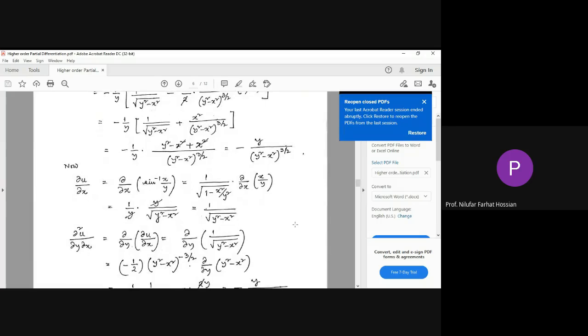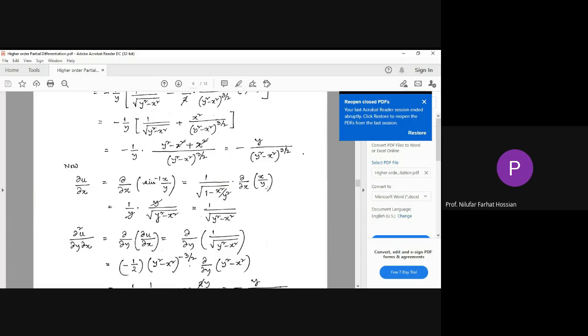Okay. Now you have to find del square u by del y del x. This is the result of del square u by del x del y. Now you have to find this. So as before, you find del u by del x. So del x of this sine inverse x by y. Here this x by y should be considered as single x. So sine inverse x will give you 1 by root over 1 minus x square. That means 1 by root over 1 minus x square by y square into del x of x by y.